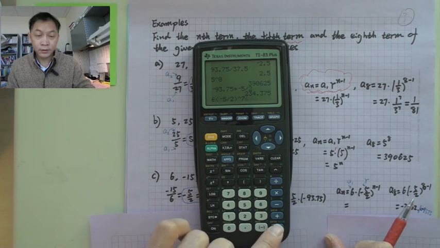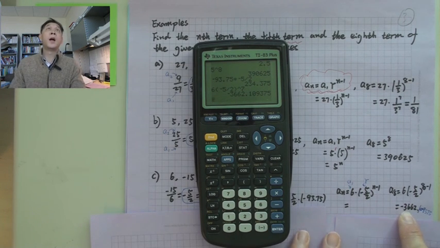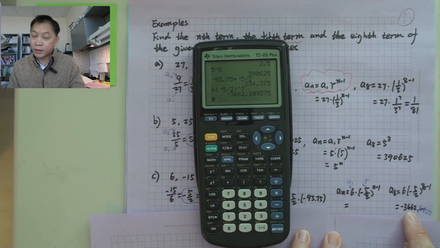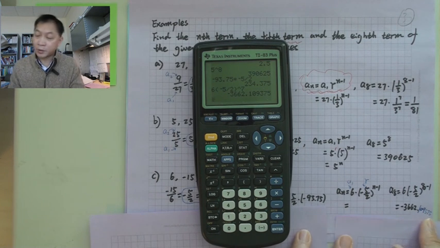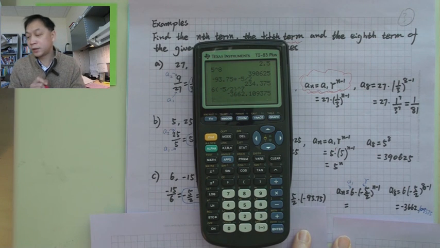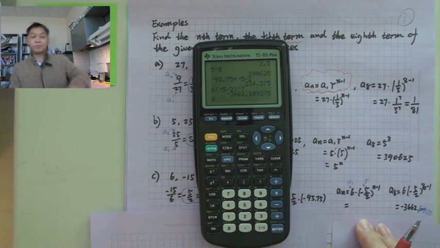Then you hit enter. You have negative 3,662.109375. I use the ink because the marker here will make the digits too big.